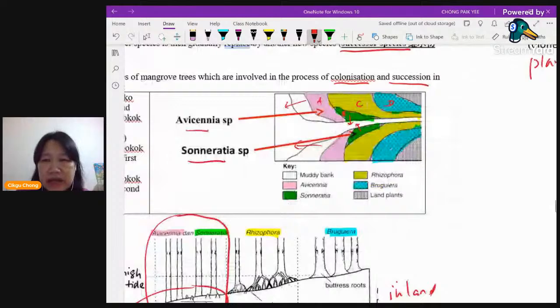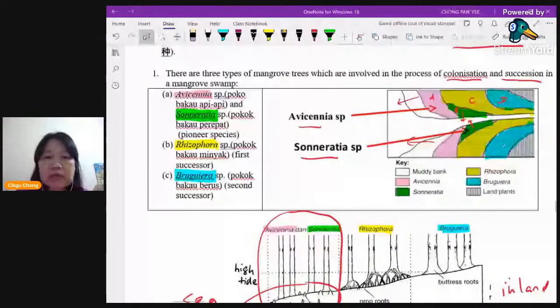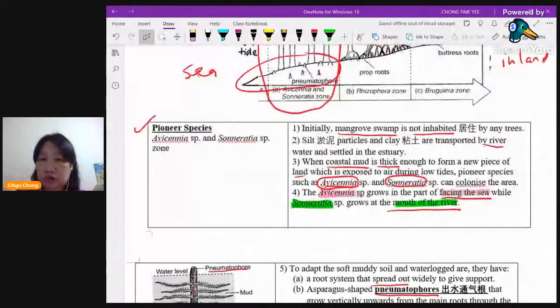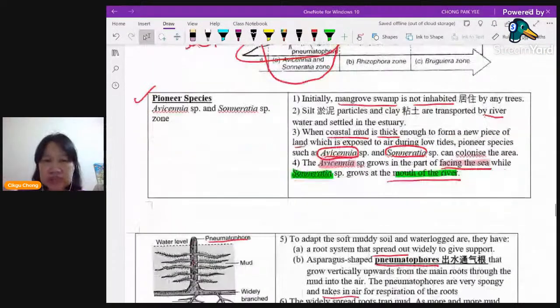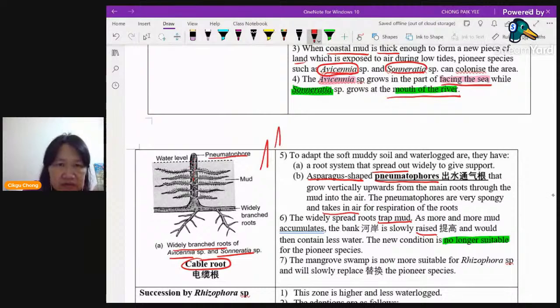After Avicennia and Sonneratia stay there for some time, they will change the condition of the soil. How do they change it? Both Avicennia and Sonneratia have the asparagus-shaped pneumatophores sticking out. A lot of these stick out of the mud, as I showed you in the pictures.